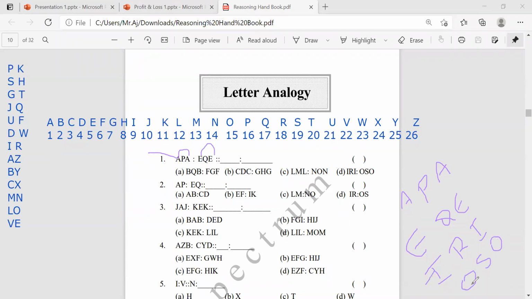So this is a vowel, this is a vowel, and this is the next letter of this one. So this is P, it is 16, Q is the next letter, and R's next letter is nothing but S. So D is the answer.